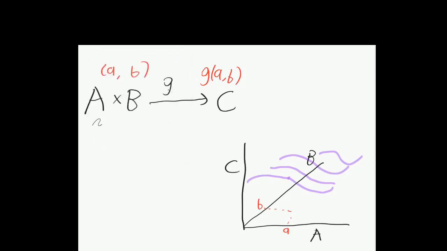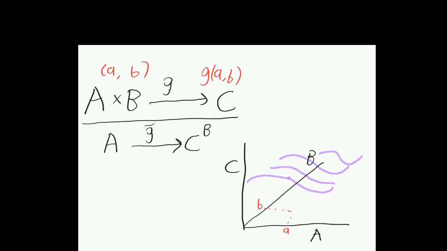The idea is that this function g here corresponds to another function which we can write as g overlined, and that's a function from A to C to the power of B.